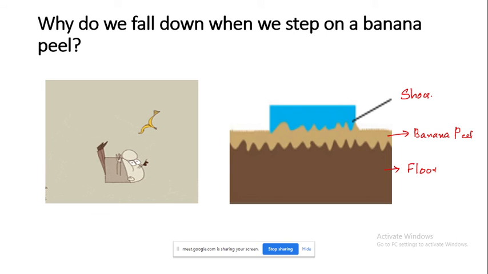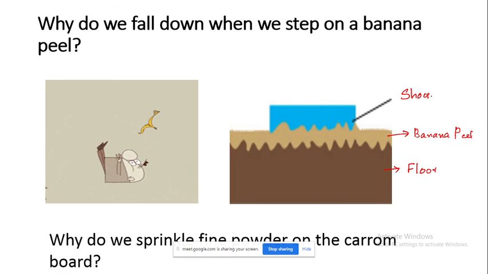So, let us go to this situation. Yeah, we saw this one in the first class, right? This man was slipping and falling. So we understood that between the floor and the shoes of the man, the banana peel is filling up the irregularities. So in the case of our carrom board, let us think this is our carrom board instead of floor.